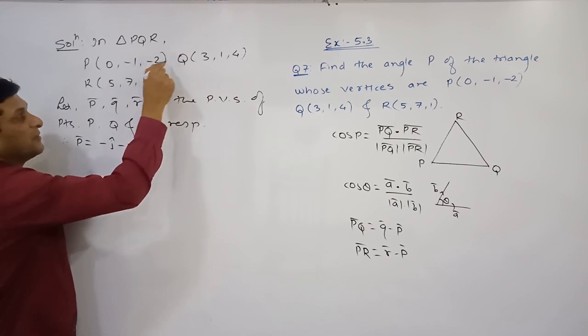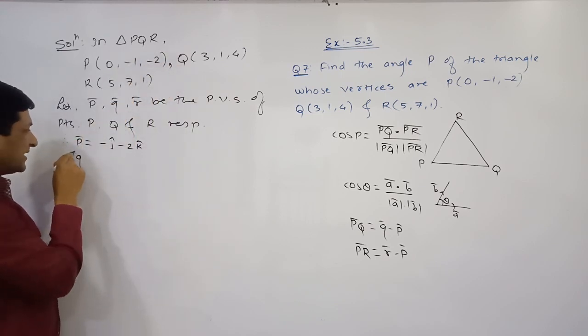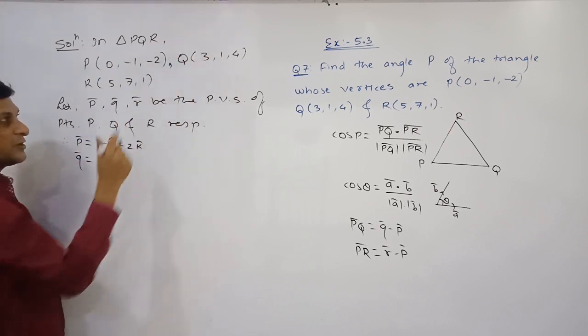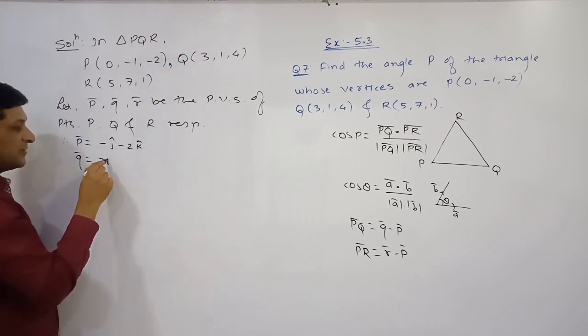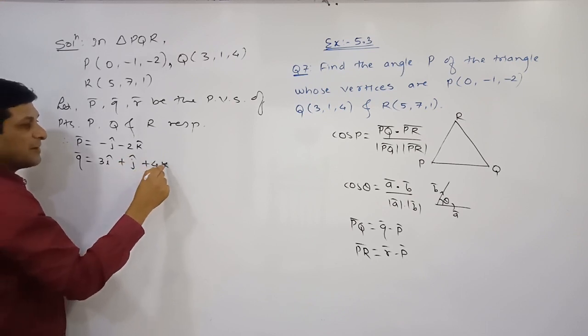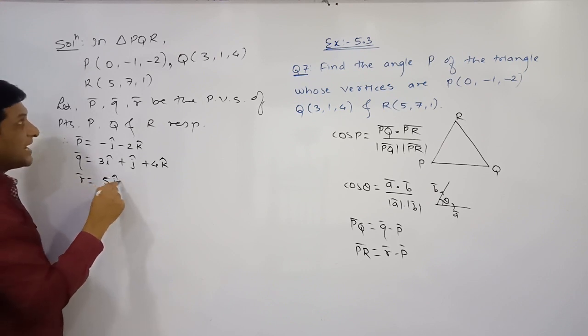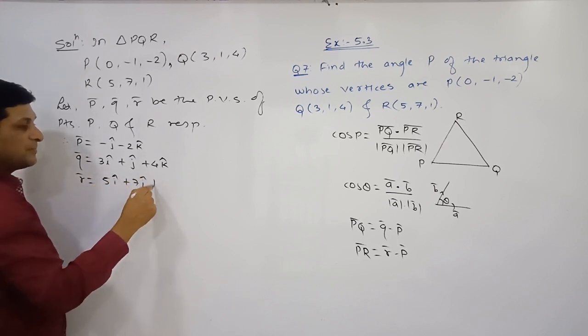So from the coordinates of point P we have got the value of P bar. In the same way Q bar, from the coordinates of point Q, will become 3I cap plus J cap plus 4K cap. And the value of R bar will be equal to 5I cap plus 7J cap plus K cap.